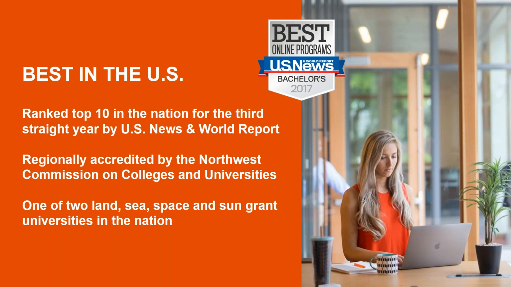We are ranked top 10 in the nation for the third straight year in a row by U.S. News and World Report. We are regionally accredited by the Northwest Commission on Colleges and Universities. And OSU is a research institution and is one of only 2 universities in the whole nation that hold the Land, Space, Sea, and Sun Grant designation.